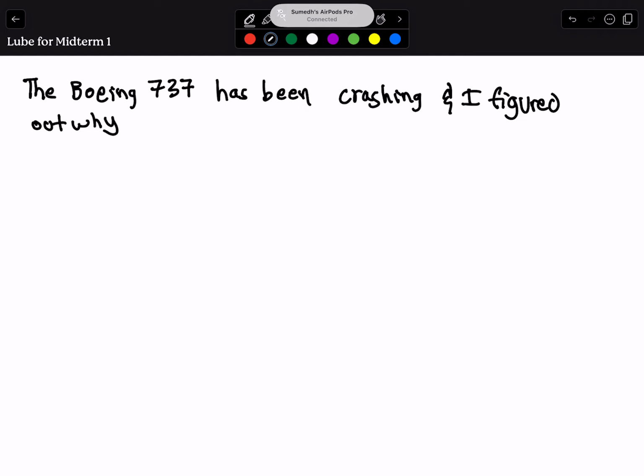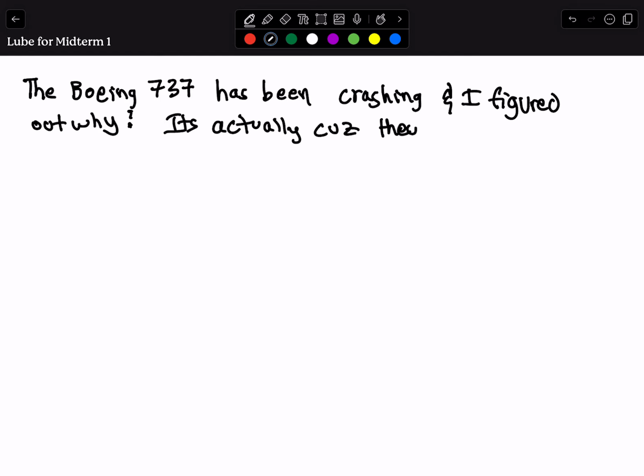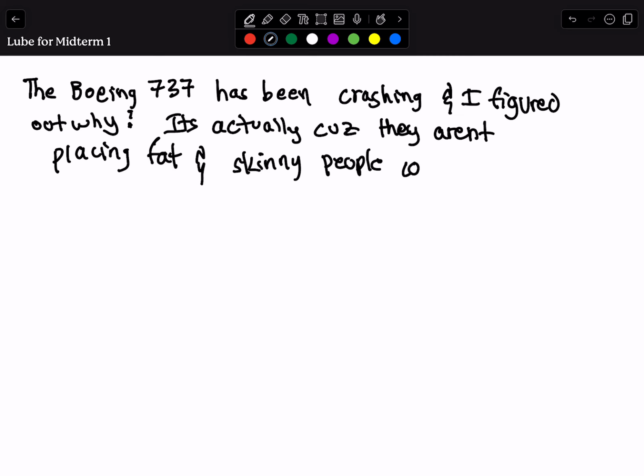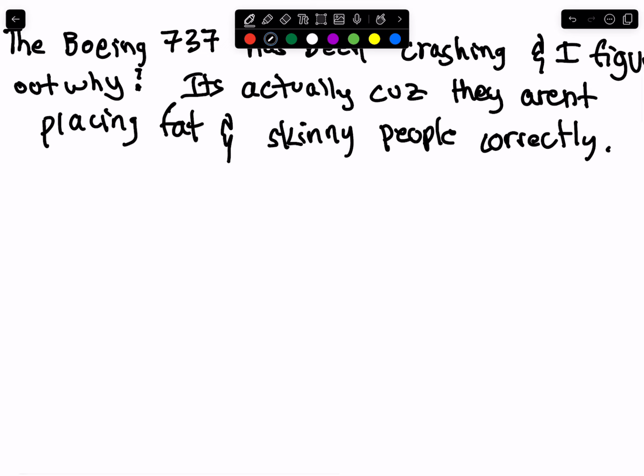It's actually because they aren't placing fat and skinny people properly, which is throwing off the weight distribution. So in order to make the plane not crash, you need to have triplets of people that are balanced.